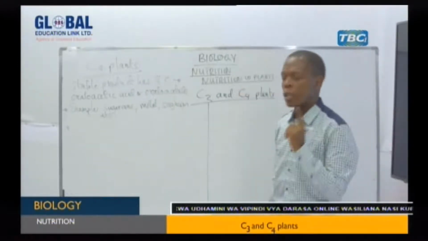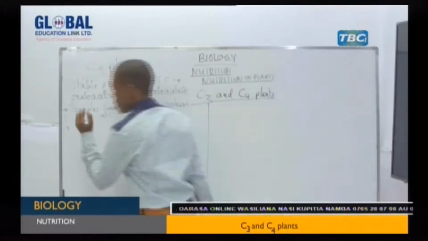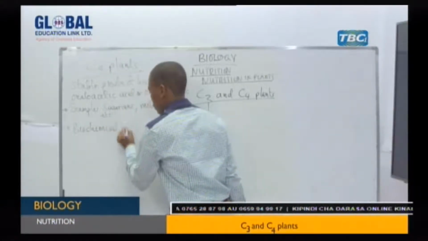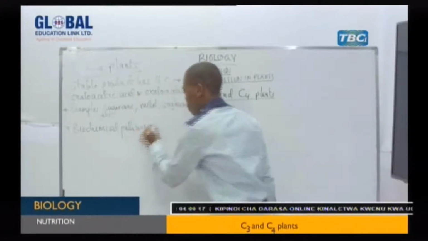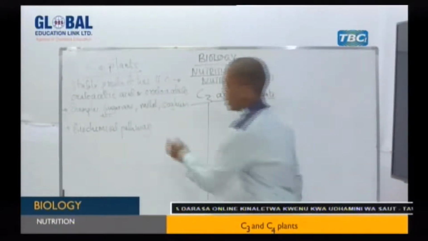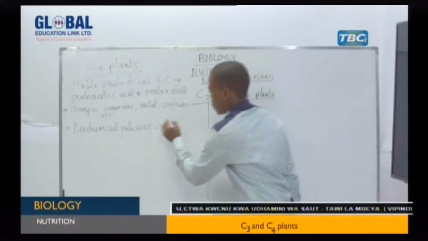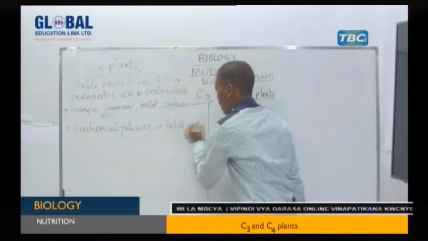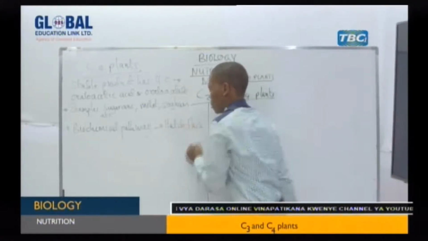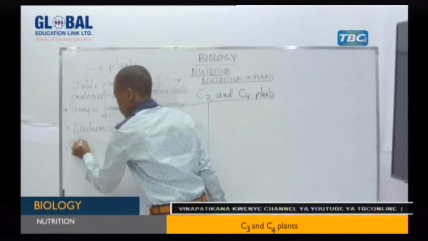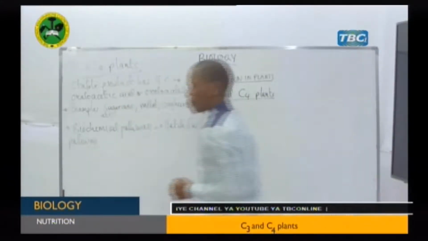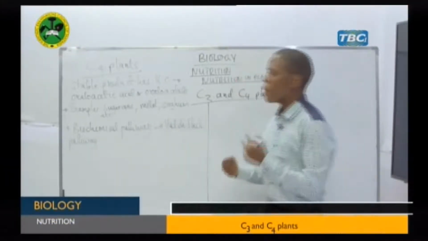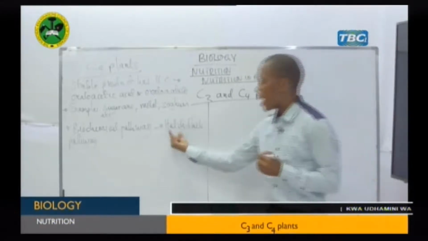This C4 plant involves two pathways. The first one we call the Hatch-Slack pathway, and this pathway is named after the two scientists who discovered how photosynthesis in C4 plants occurs, Hatch and Slack.